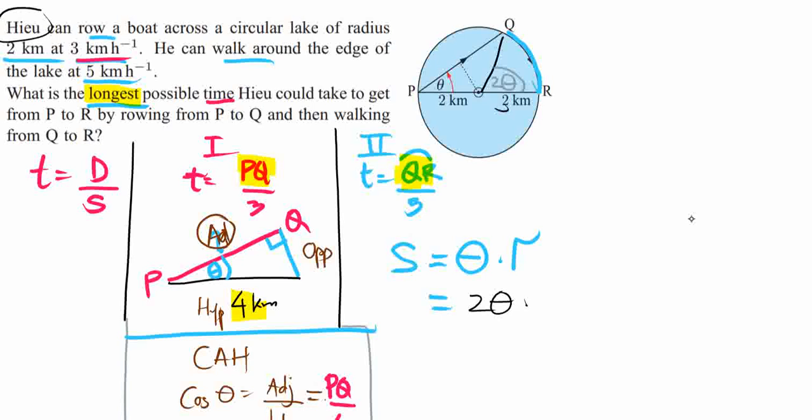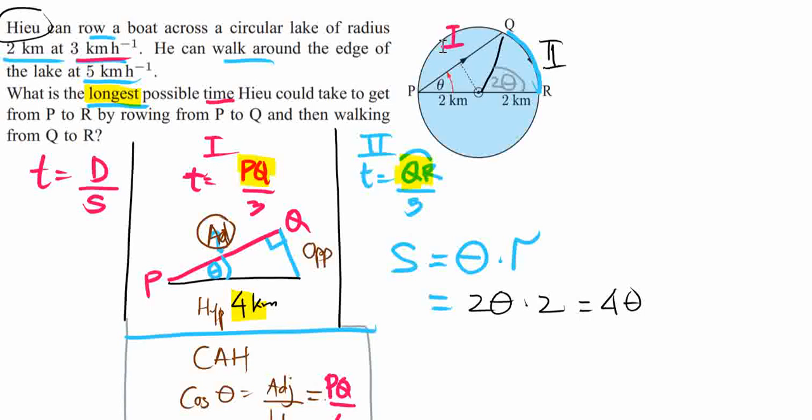The radius is 2. Now we have this equals 2 times 2 theta, which is 4 theta. That is the distance for the second part. And for the first part, we have got the equation.